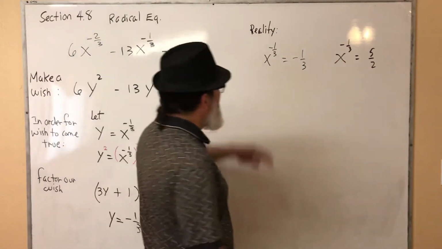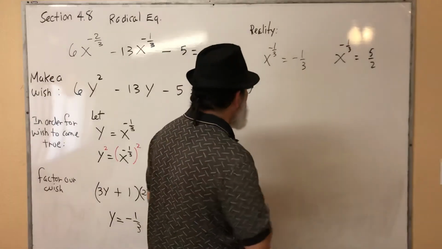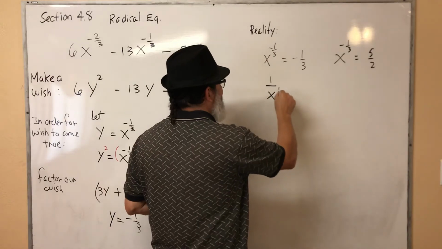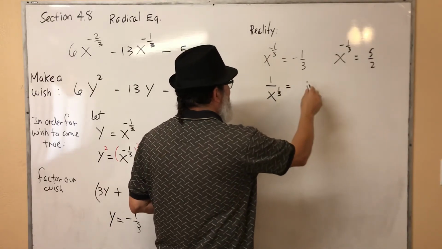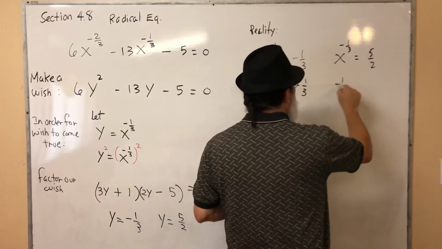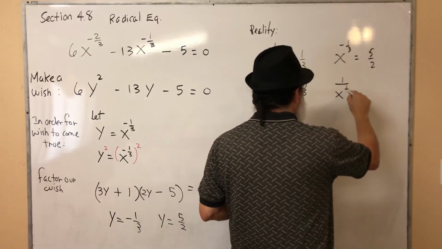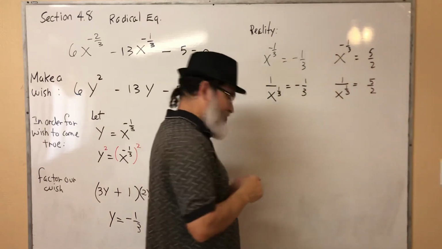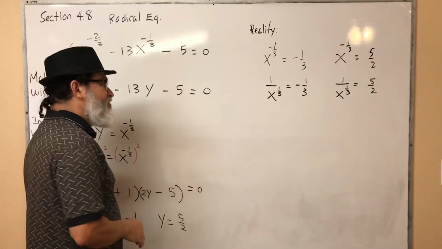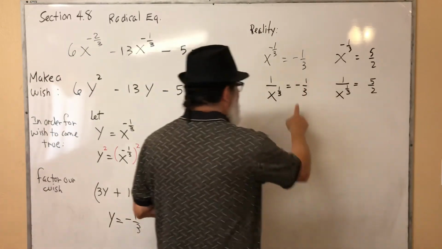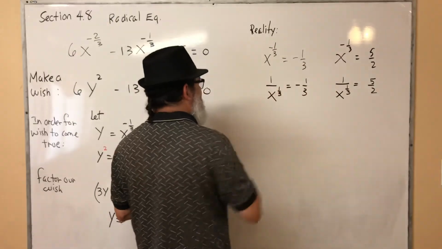Remember how to solve this? Well, let's make this positive first. 1 over x to the 1/3 equals negative 1/3. 1 over x to the 1/3 equals 5/2. You can cross multiply if you want to. This times that, and this times that.